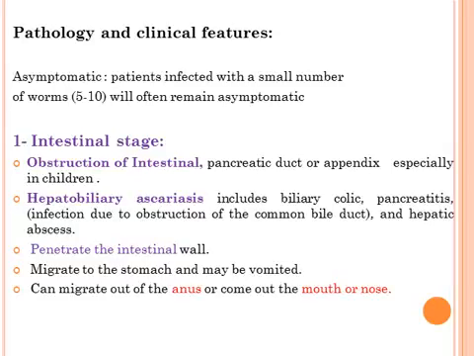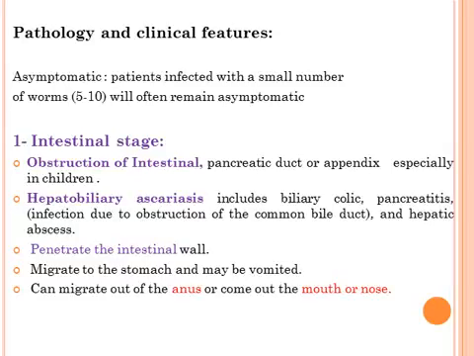So we have the intestinal stage. The intestinal stage causes obstruction of the intestine, and then the pancreatic duct or appendix, especially in children. Hepatobiliary ascariasis is one of the important common pathogeneses, which includes biliary colic, pancreatitis, infection due to obstruction of the common bile duct, and hepatic abscess.